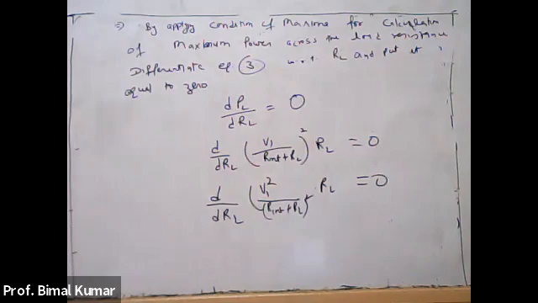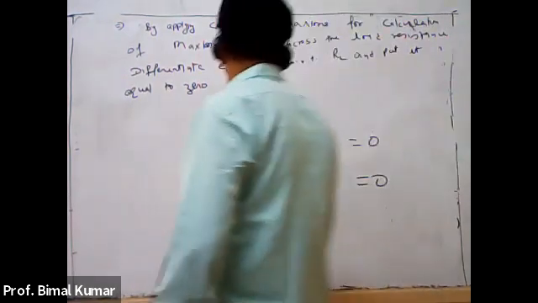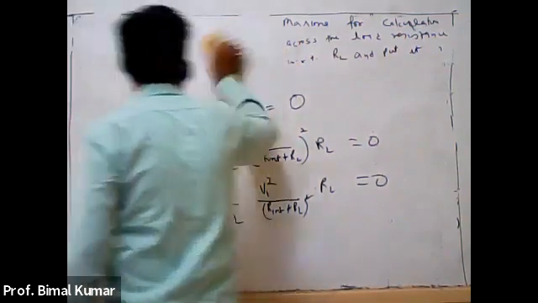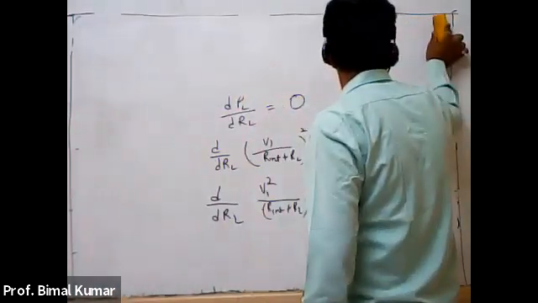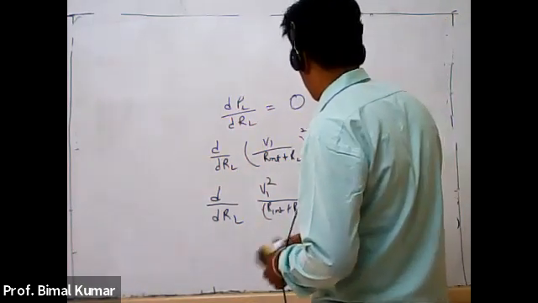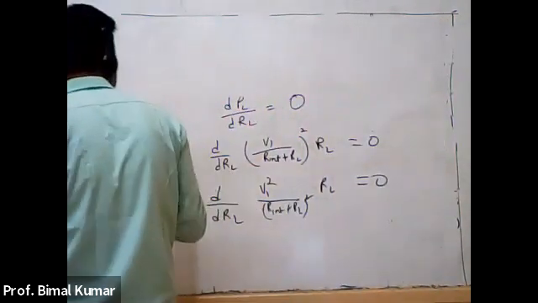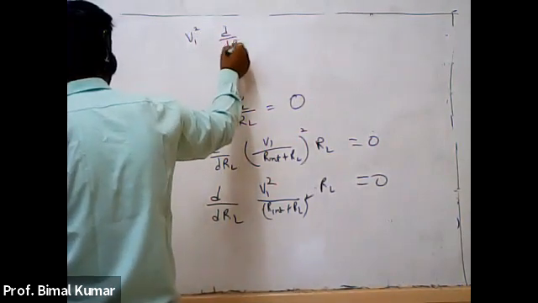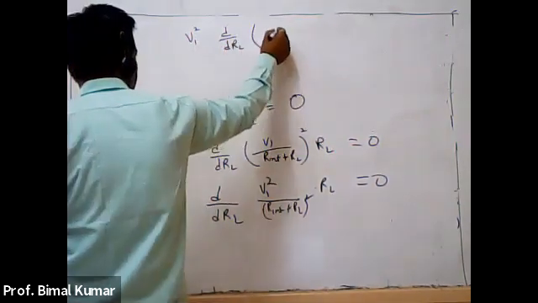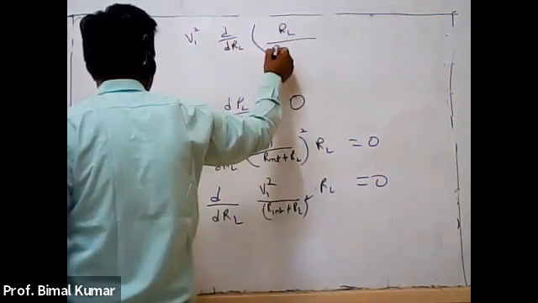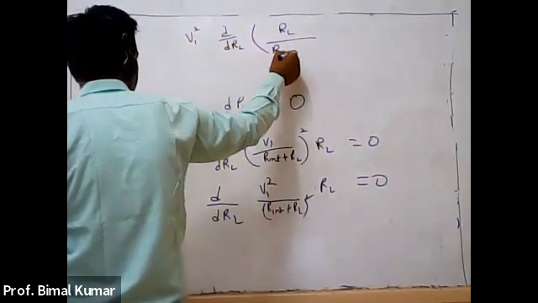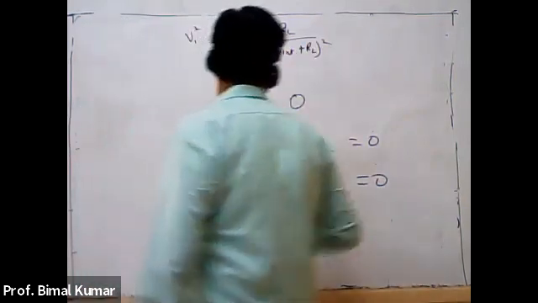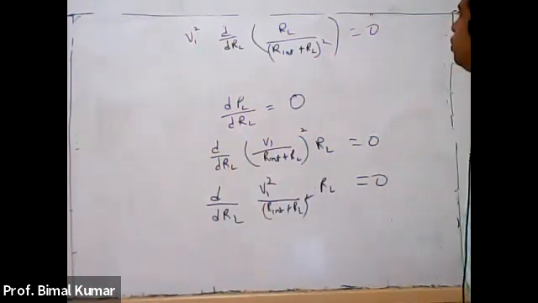Right? So here V1 is constant with respect to RL. So V1 may be taken outside. V1 square into d by dRL of RL upon R internal plus RL, its whole square is equal to 0, right?